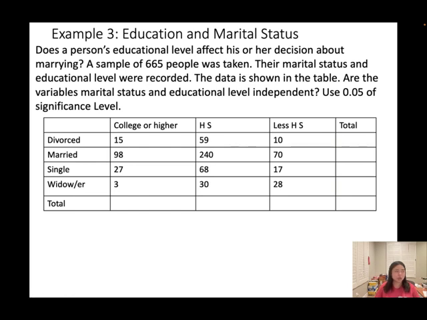Okay, example 3. I want you guys to try to do it by yourself. Find the subtotal, grand total, find the expected frequency, and then state the null and alternate hypothesis.